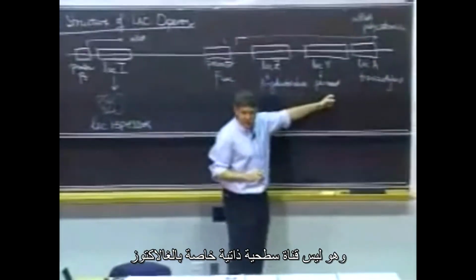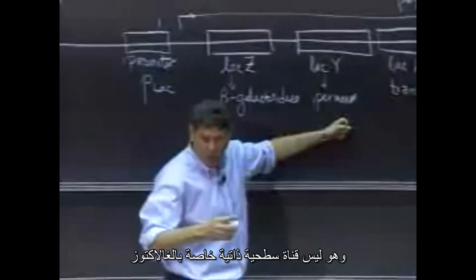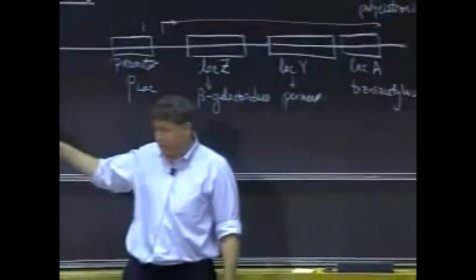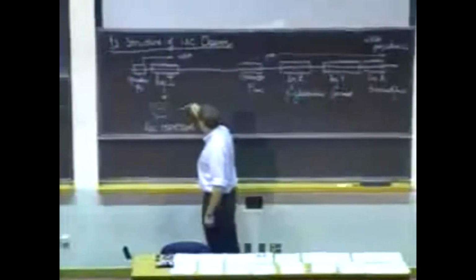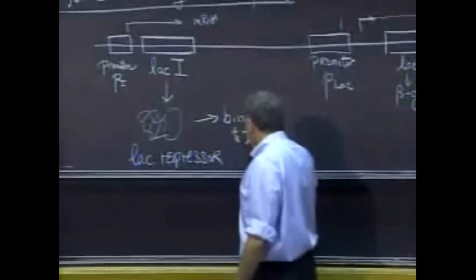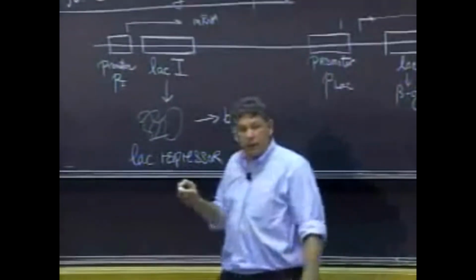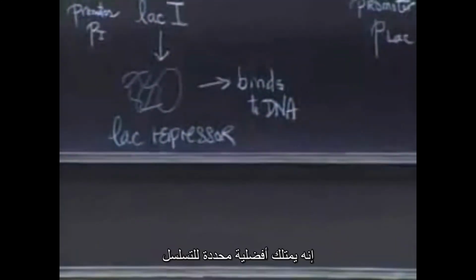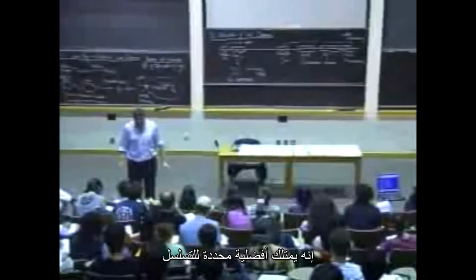It's not a cell surface channel for putting in galactose. It is a DNA binding protein. It binds to DNA. But it's not a non-specific DNA binding protein that binds to any old DNA. It has a sequence-specific preference.